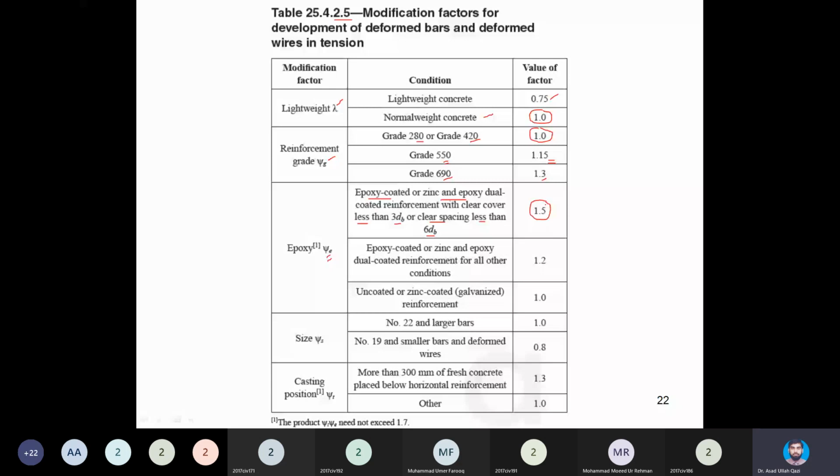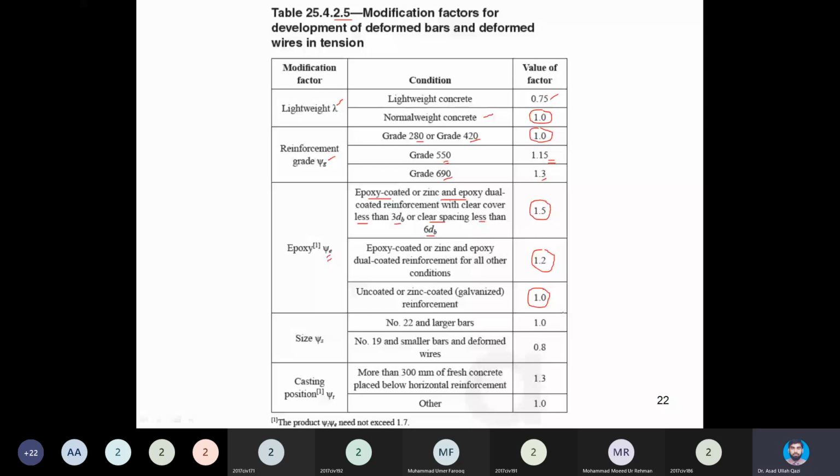However, if you are providing 3 db or 6 db, then you are allowed an enhancement of 20%. However, for uncoated bars, which is normally practiced, there is no need to magnify the LD and it will remain neutral, 1 in the numerator.